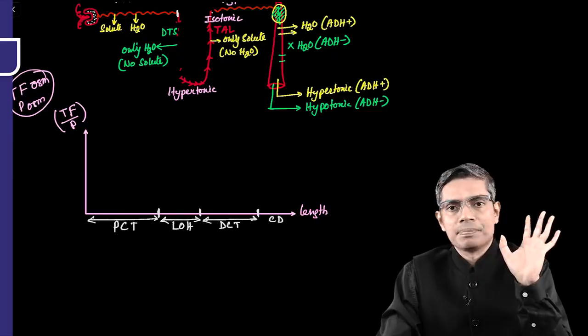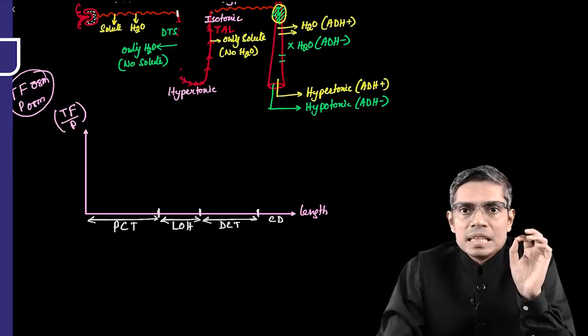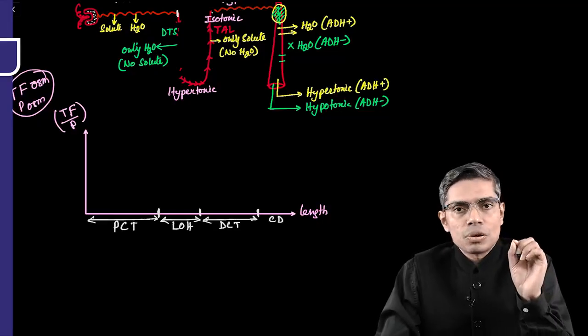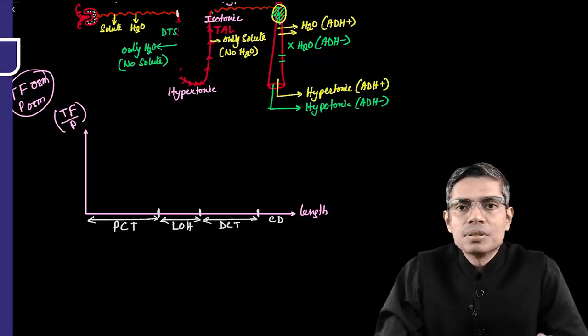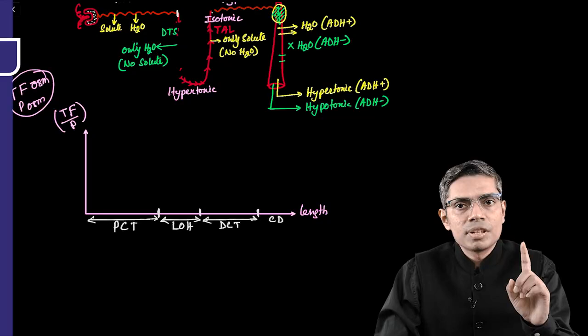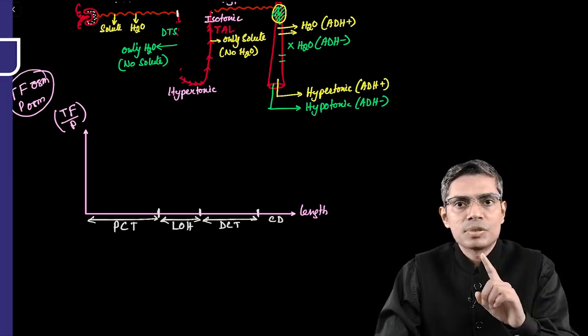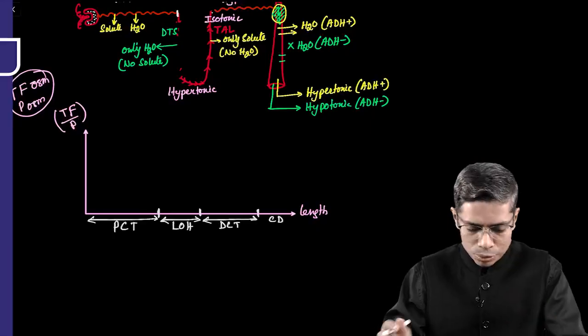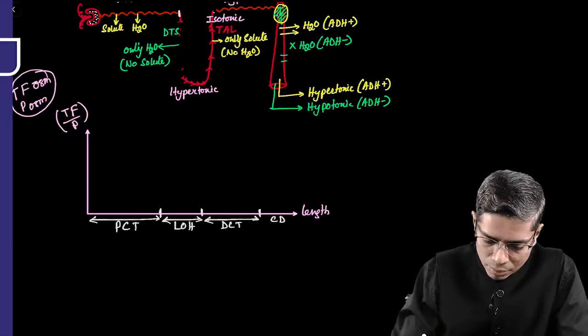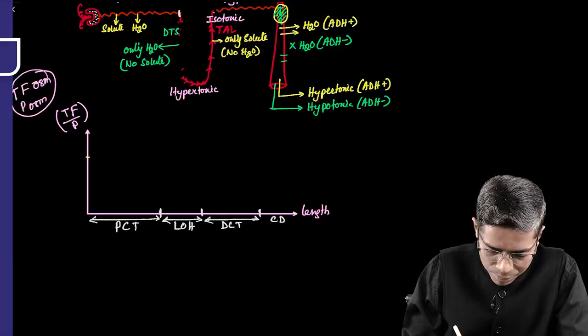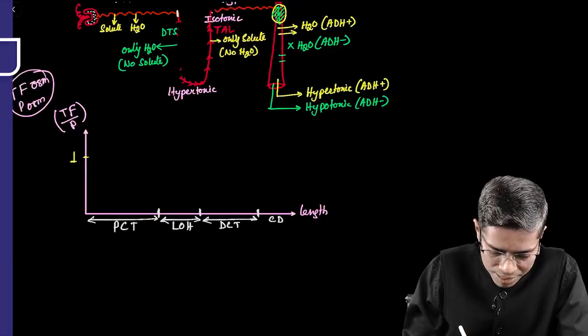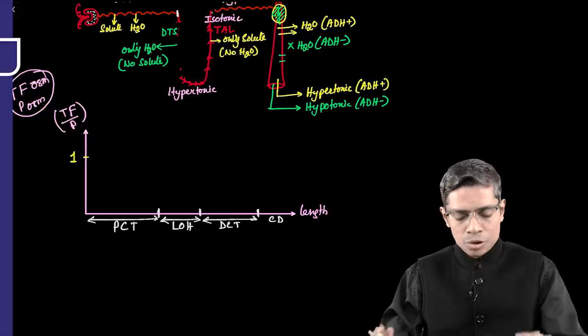Tell me, if the urine is isotonic in nature, then what will happen to this ratio? Obviously, the ratio will be 1, because the tubular fluid or urine osmolality is the same as that of the plasma. So I am marking one point here on the curve. Suppose this is 1. This 1 indicates isotonic.